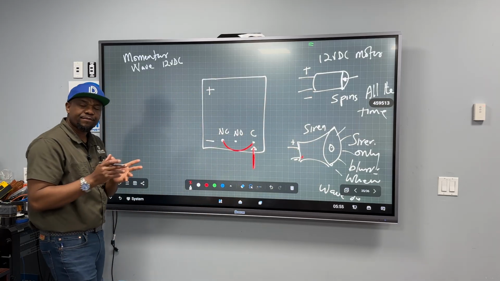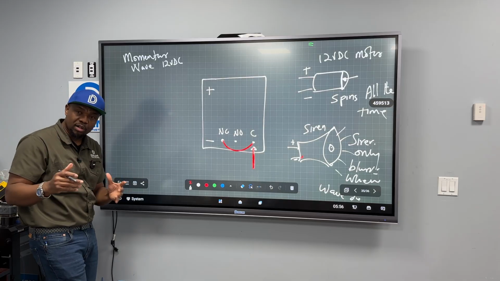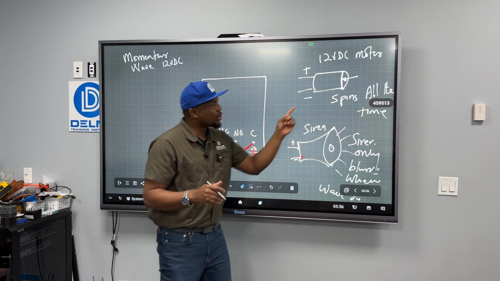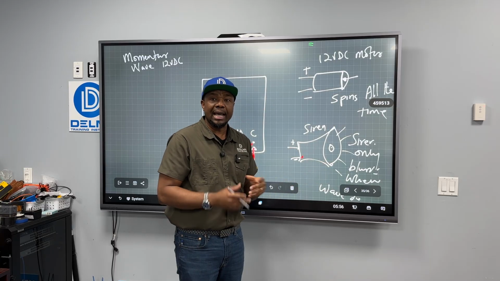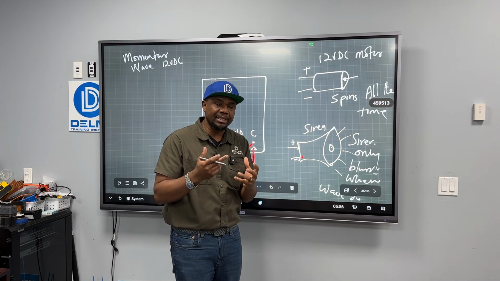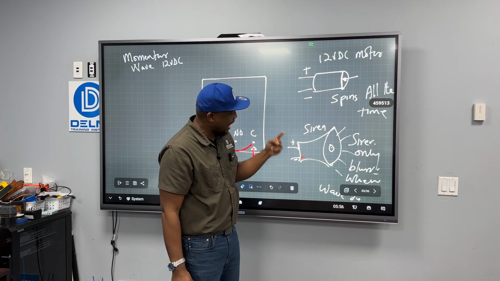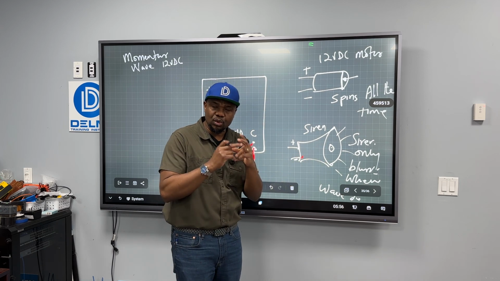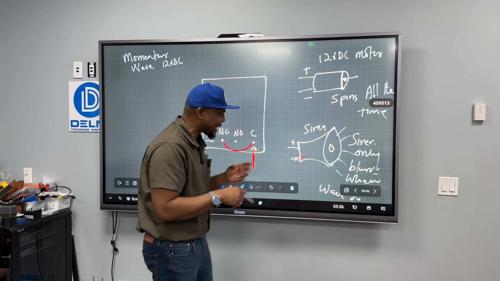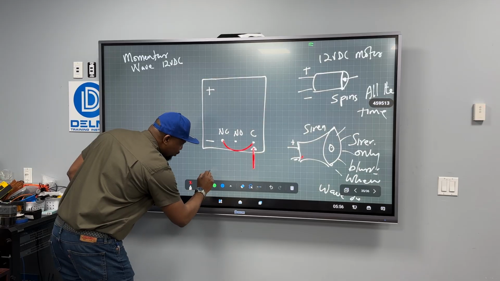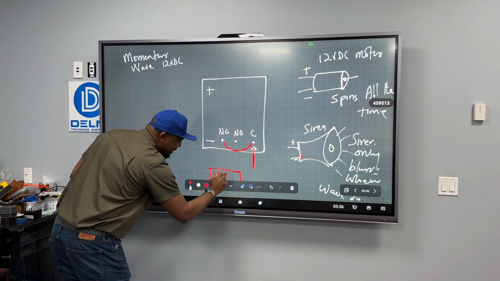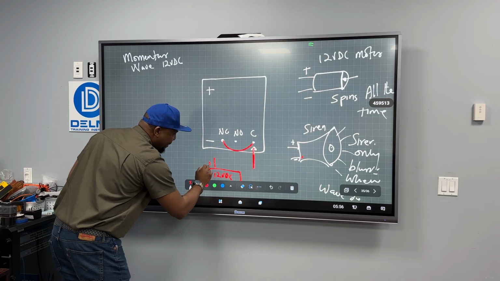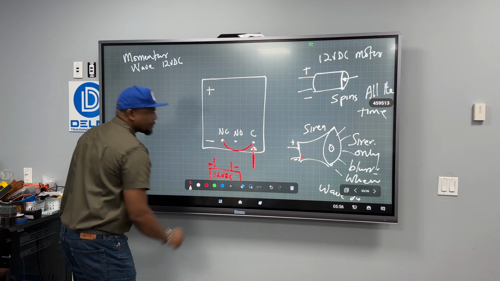I have to look for a power supply that is 12 volts. I have to pull up the data sheet for the siren that I'm using and see how much current that is going to draw. This is going to help me determine the type of power supply that I need. So I'm going to get my 12 volts power supply here. 12 volts DC. This is the plus and this is the minus.